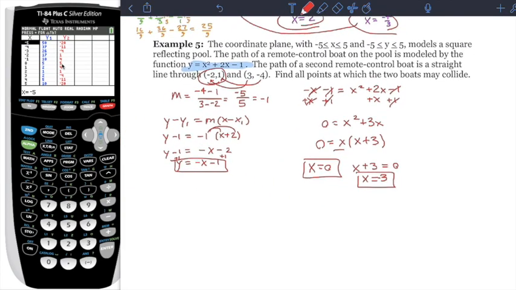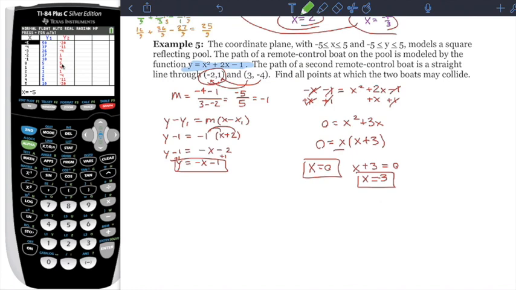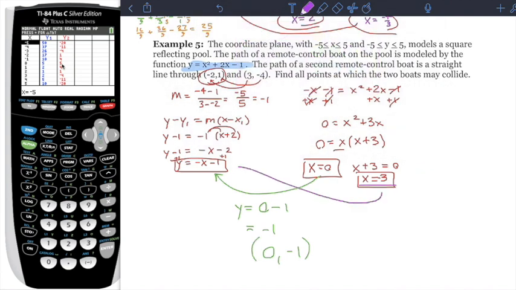So then after this, now we need to take those x values and plug them back in to figure out what your y values are going to be. So I'll do the first one there, 0 minus 1 basically. So that comes out as -1. So that point will be at 0, -1. And now let's plug in -3.